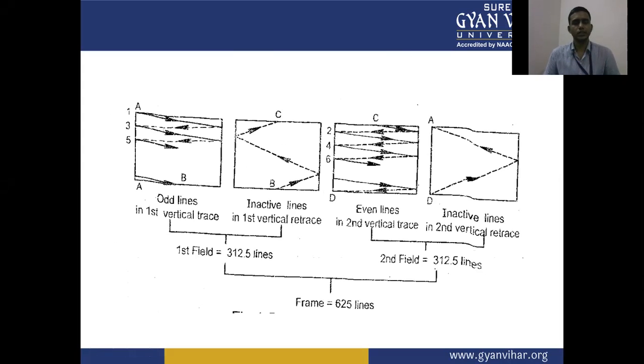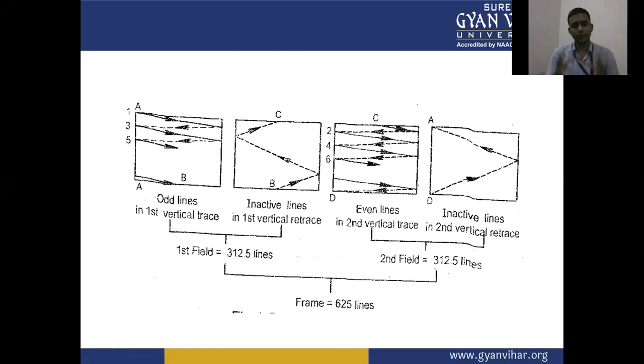So these are the odd lines and inactive lines, and the even lines and inactive lines. In the case of the odd field and even field, both active and inactive lines are shown, and each field has a total of 20 inactive lines, that is the retrace period.